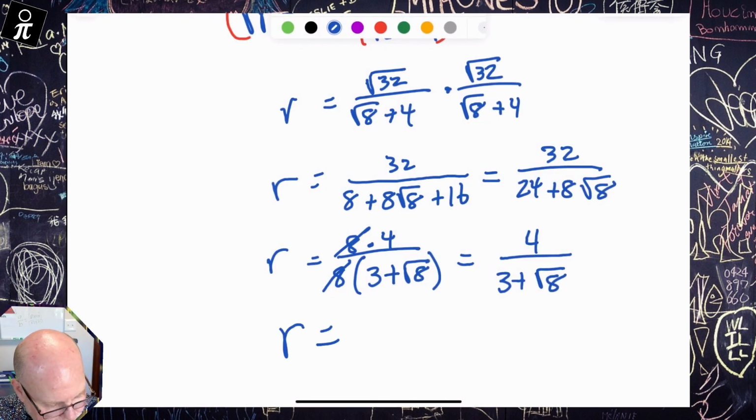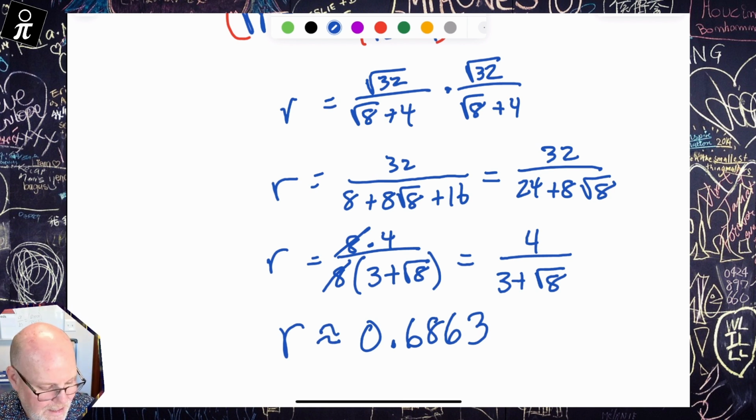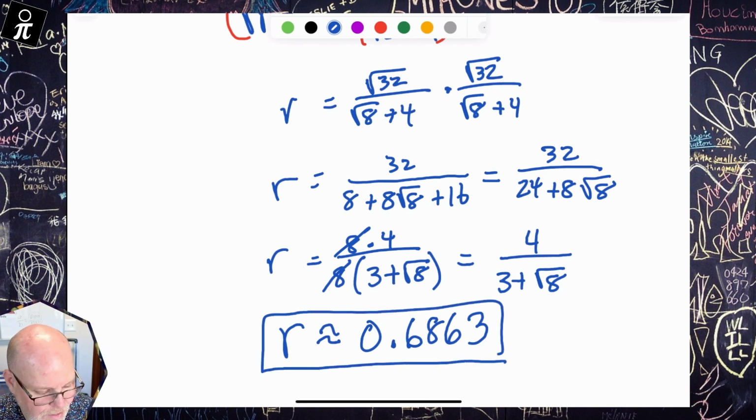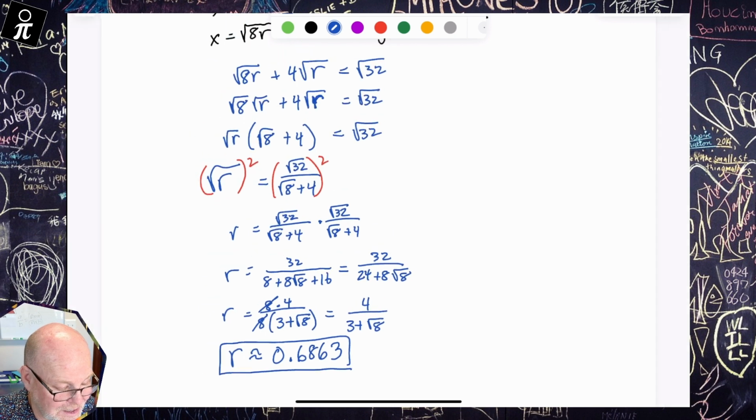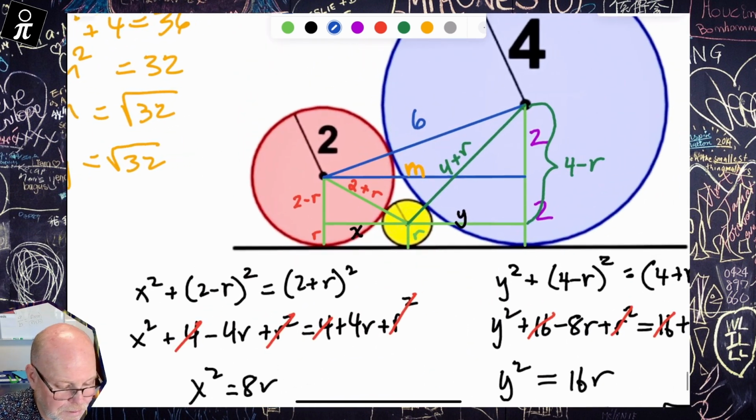So r is equal to 0.6863. And really, I shouldn't say equal. I should say it's approximately 0.6863. So there you go. Look at this. Oh my gosh, look at all this math. So we did some fancy Pythagorean theorem.